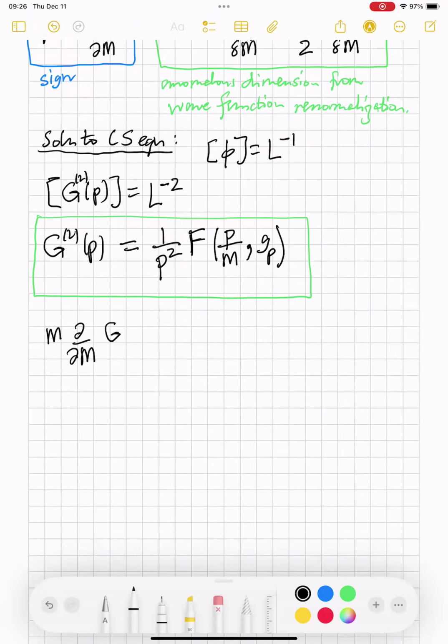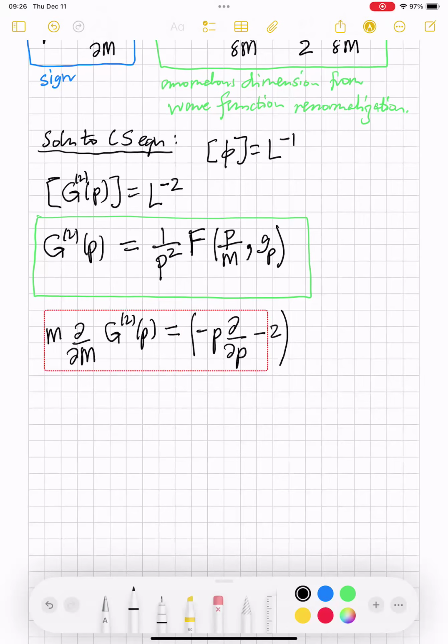So M d by dm acting on G2 of P, I claim that this is equal to minus P d by dp minus 2 acting on G2 of P. Now, this is not a difficult equation to derive from what you've got here.